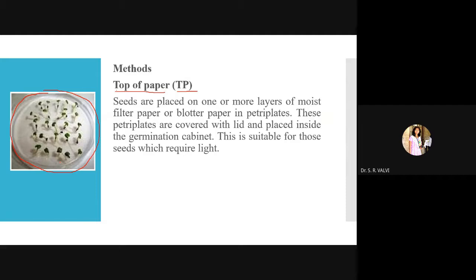Then you moisten that paper and place your seeds. Likewise, you germinate the seeds on the paper kept in a petri plate. Here it is mentioned, I'm not going to read this out, just do remember.